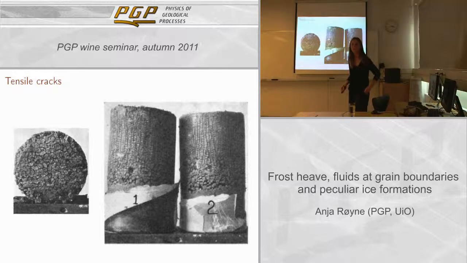And another really cool thing that he found, I think, was when he had the clay cylinders and he sealed them at the bottom. So they were completely filled with water, and then they didn't have access to water from the bottom. And then he started freezing them from the top.